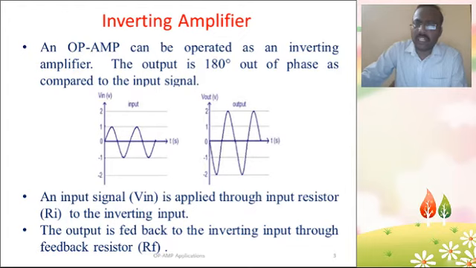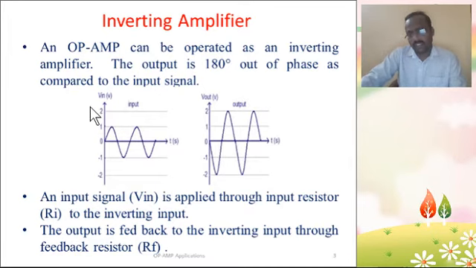First, we are going to see inverting amplifier. The inverting amplifier means the output of the inverting amplifier is 180 degree out of phase with the input signal. So this is your input signal which is applied to the inverting input of op-amp.